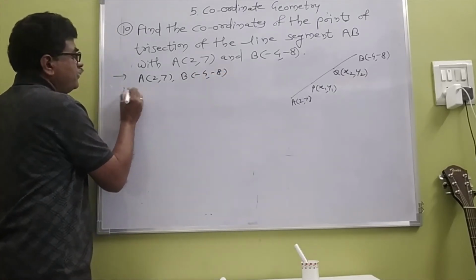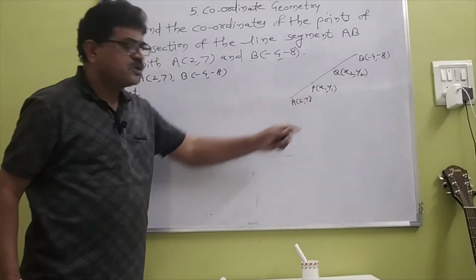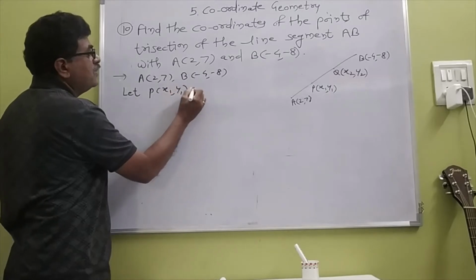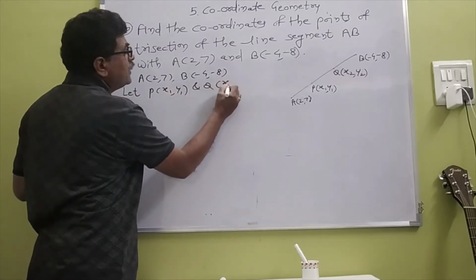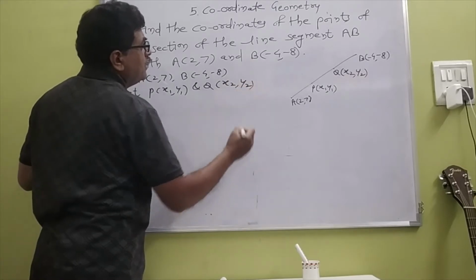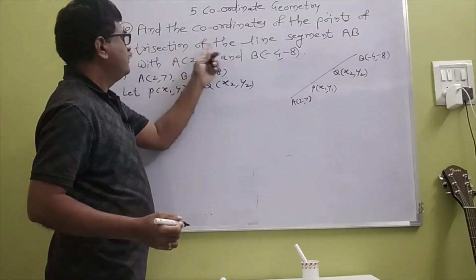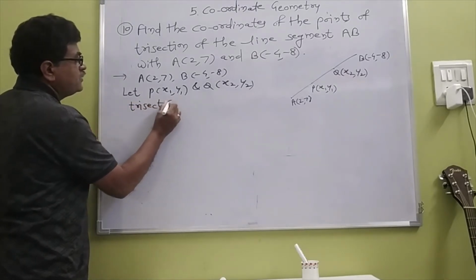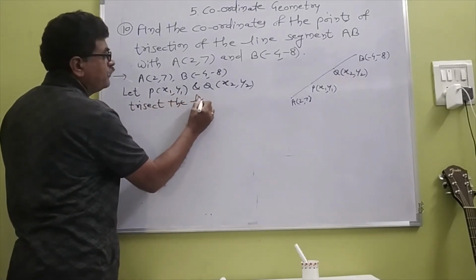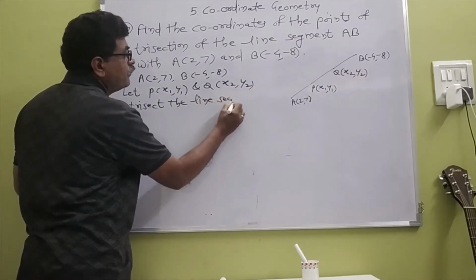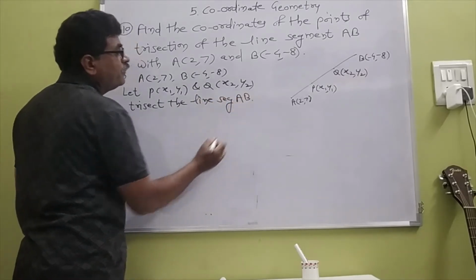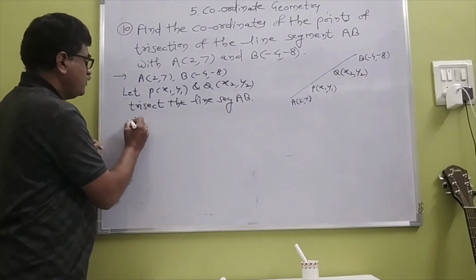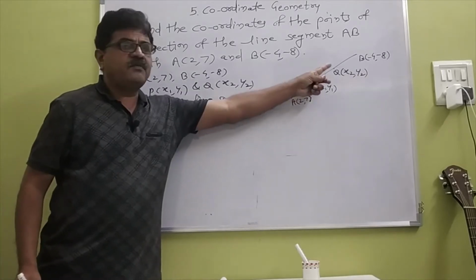Now let P(x1, y1) and Q(x2, y2) trisect the line segment AB.